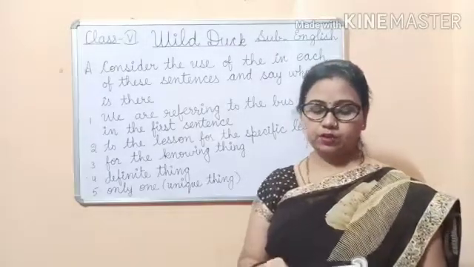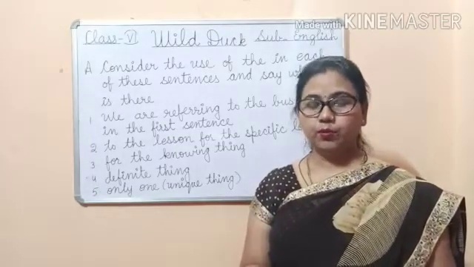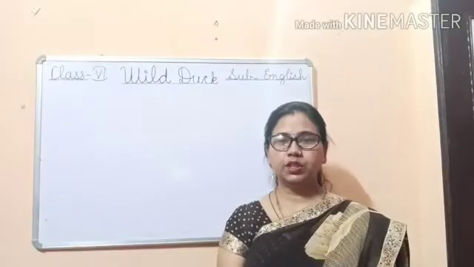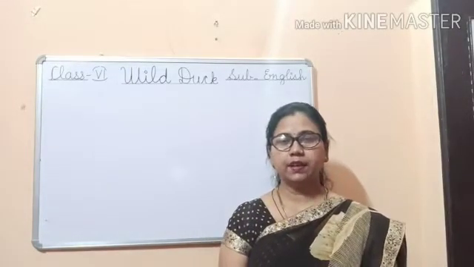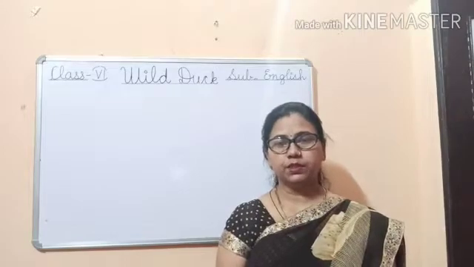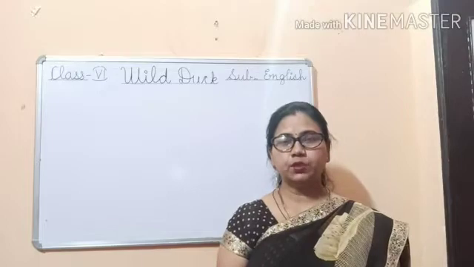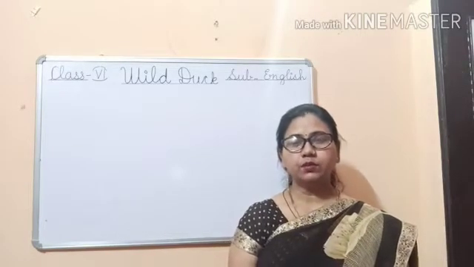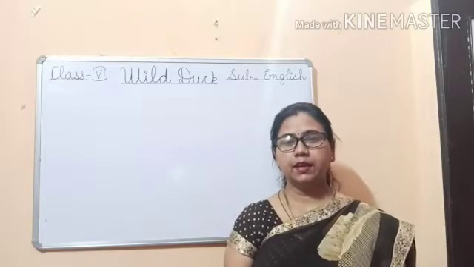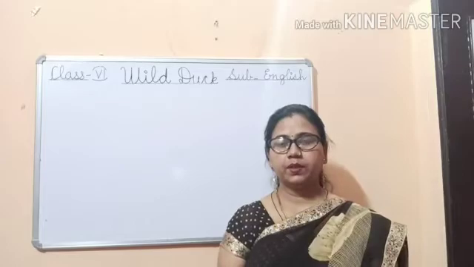So we had used here "the national anthem". Hope you have understood it. So students, today I have taught you exercise A of grammar usage. I hope you have understood this exercise. So students, write down this exercise A in your copy and learn it properly. Thank you.